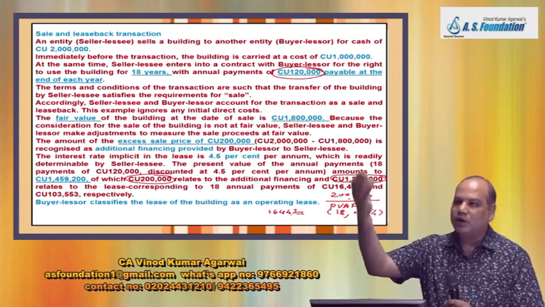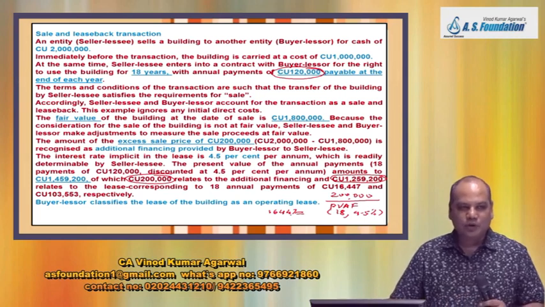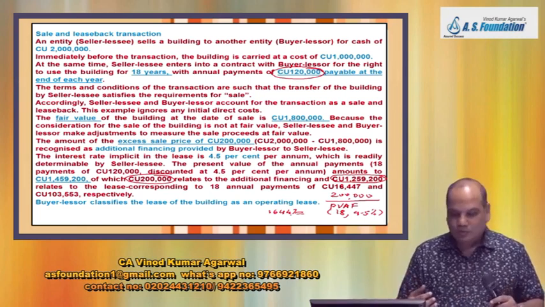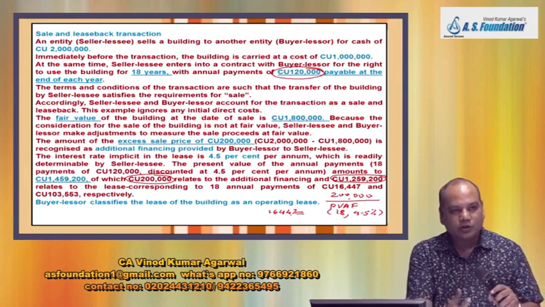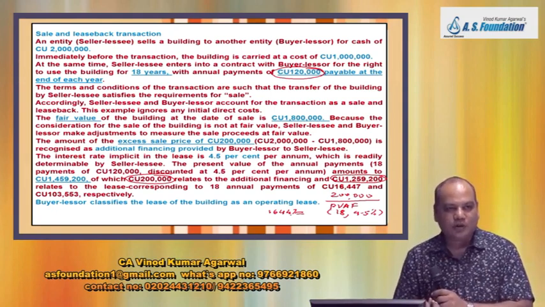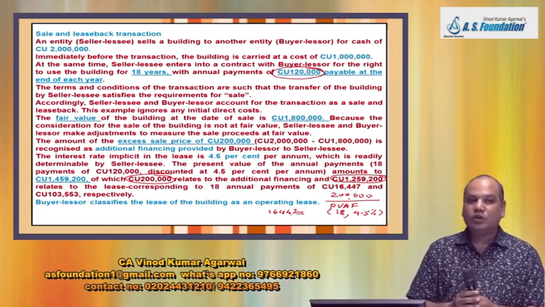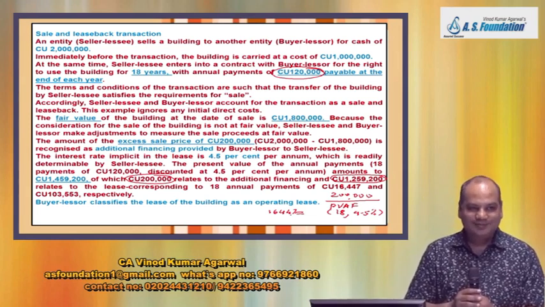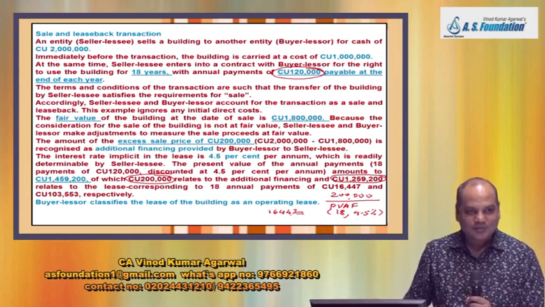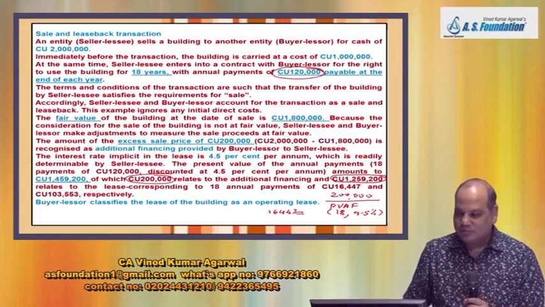This figure will be required for subsequent accounting when you will receive the payment. Then 16,447 is towards additional borrowing every year. Okay. And remaining amount is towards lease payment. Okay or not? Any query so far?